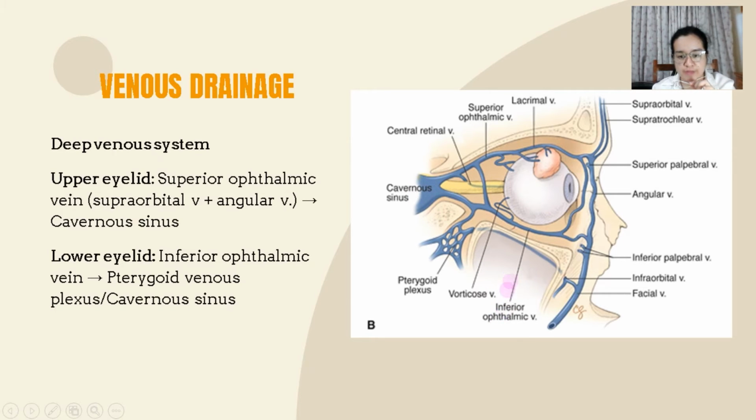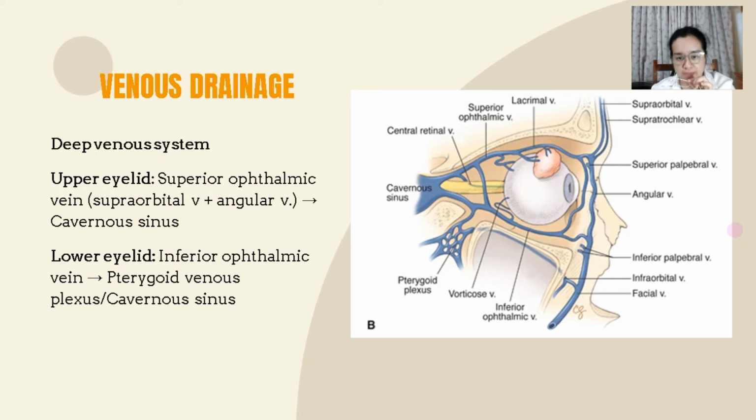Then the inferior ophthalmic vein is a part of the venous plexus at the anterior orbital floor that is a tributary for the lower eyelid, the lacrimal sac, the inferior rectus muscle, the inferior oblique, and the two inferior vortex veins.